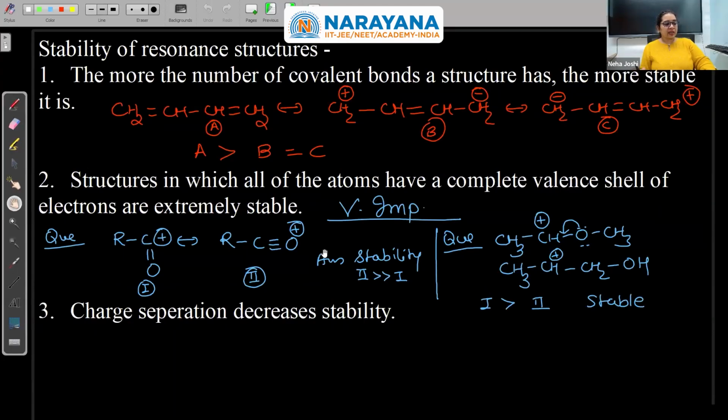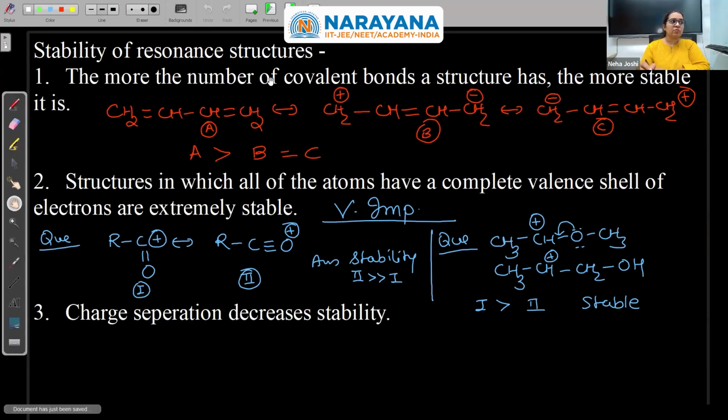Moving further in that direction, if for the same molecule, I compare the stability of different resonating structures, the most important first factor is, the more the number of covalent bonds a structure has, the more stable it is. More number of covalent bonds.